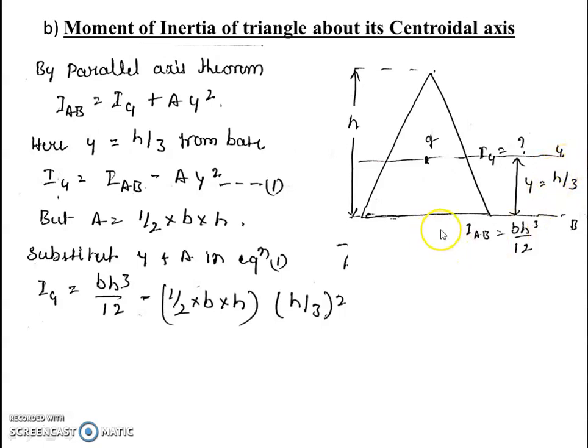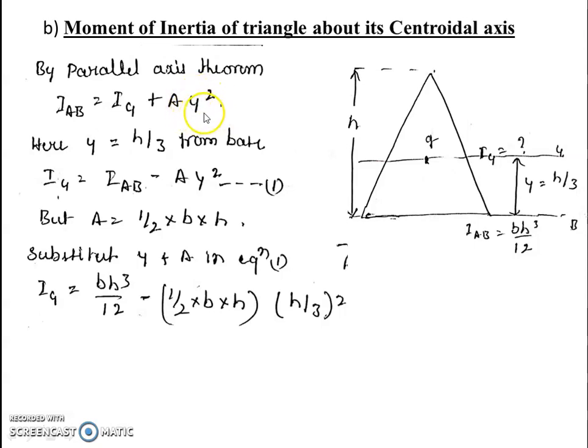Now the moment of inertia about the base is given by bh cube by 12. Now we have to find the moment of inertia of a triangle about the centroidal axis, that is Ig equal to how much. So I will apply the parallel axis theorem. The parallel axis theorem states it is the summation of the moment of inertia about the centroid plus the product of area multiplied by the perpendicular distance square.